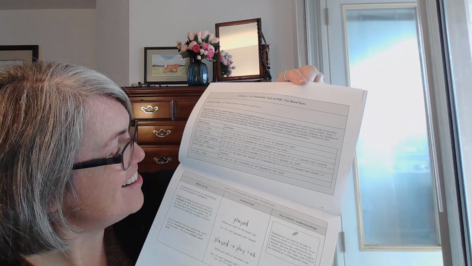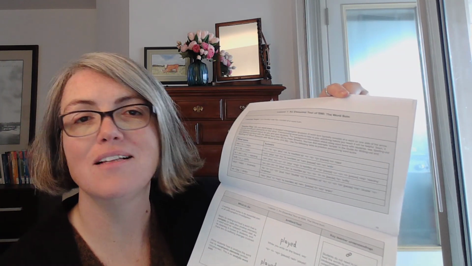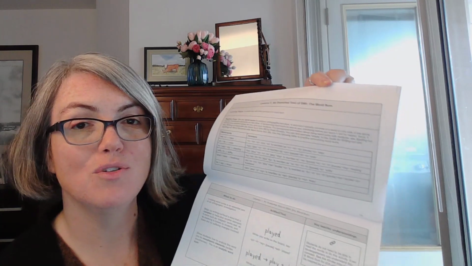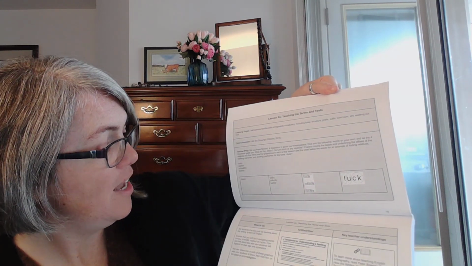And it starts out by introducing a class that's never done this type of instruction before to some very basic elements, and it just builds on it. So you could literally start at the beginning of this book and just build through. And by the time you're done, and actually this book doesn't go all the way through to the last page.